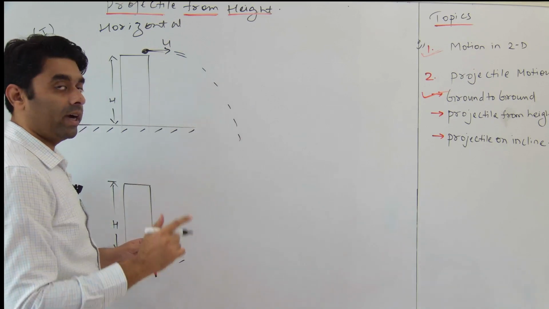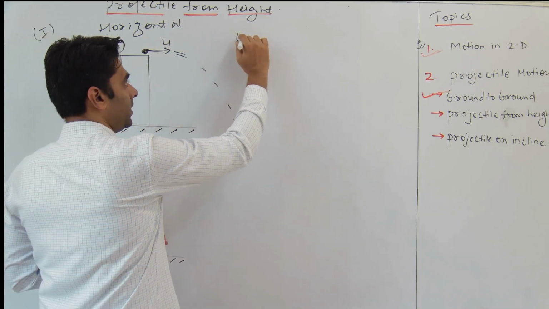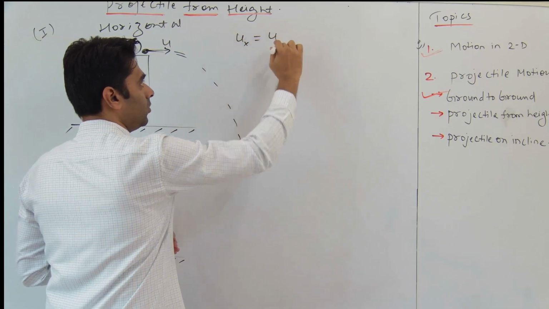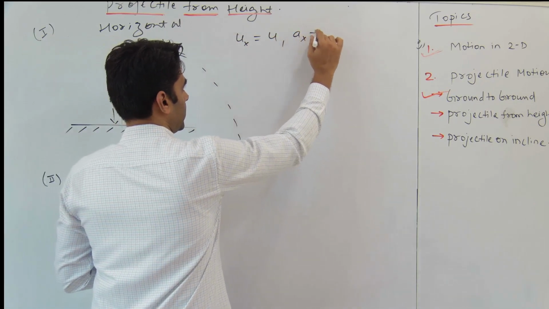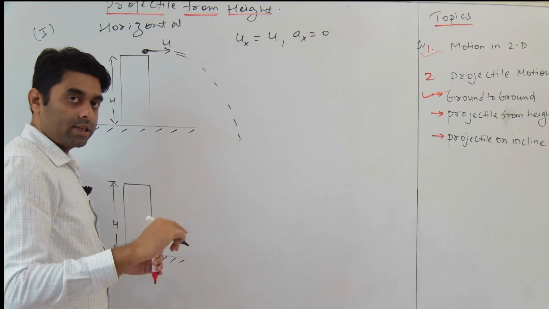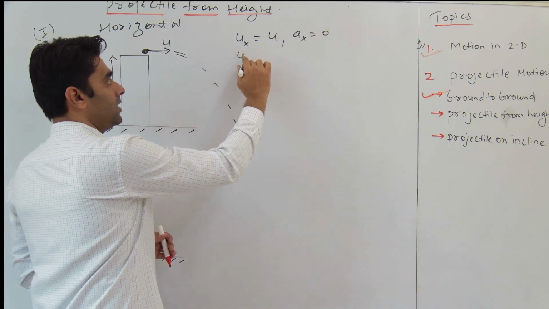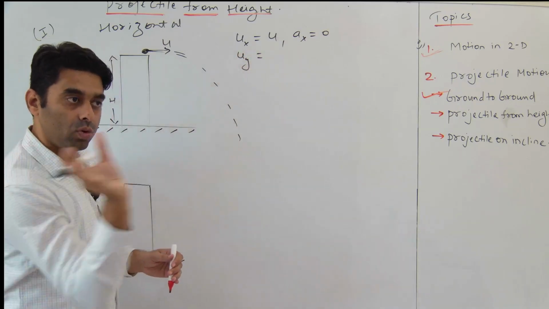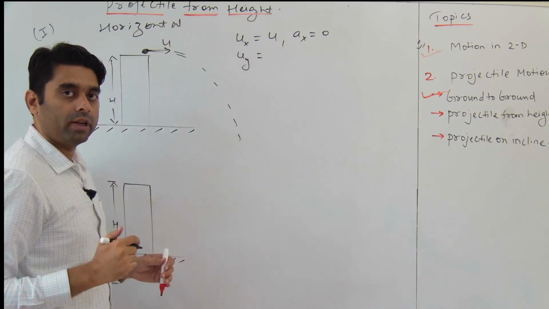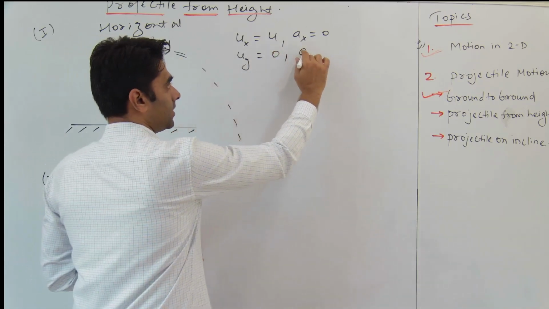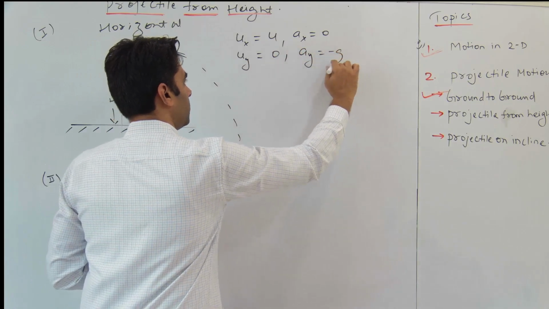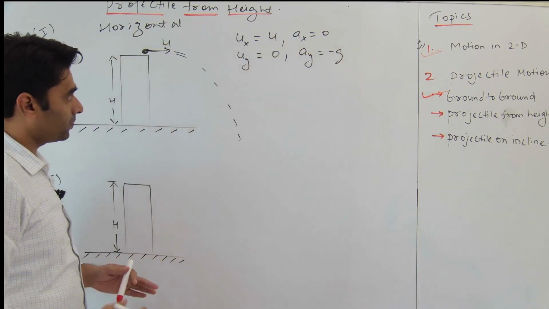Now let us look at the initial parameters. Initial velocity ux is u only. Acceleration in x direction is 0. Next, if we look at uy, that is the initial velocity in y direction, it is thrown horizontally, so there is no velocity in y direction. uy is 0. Acceleration in y direction is g, to be precise minus g, because it is downward.